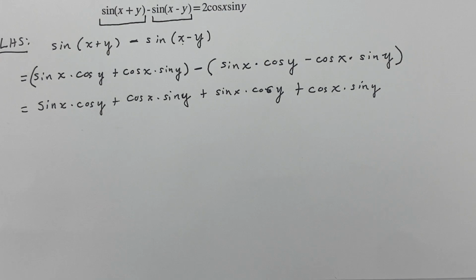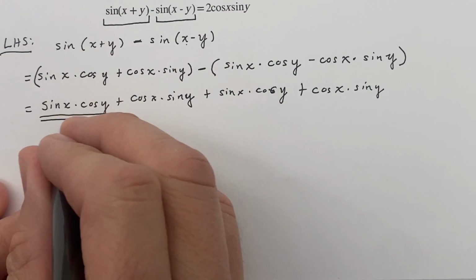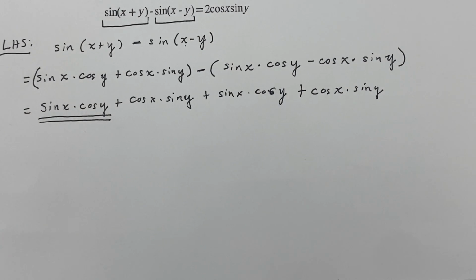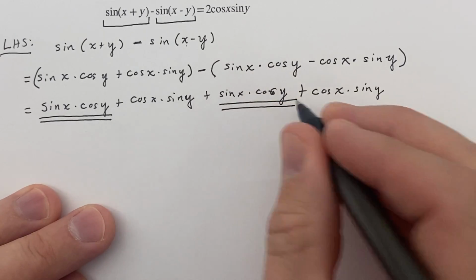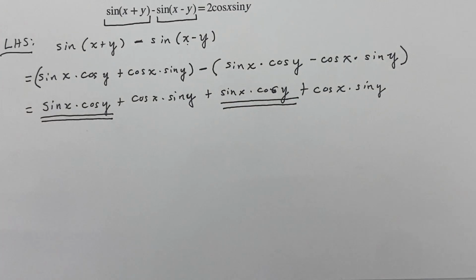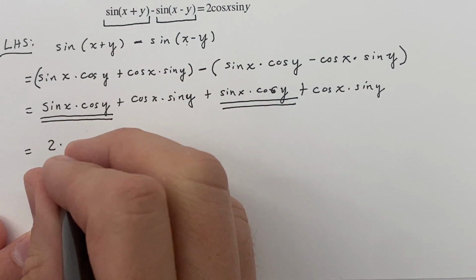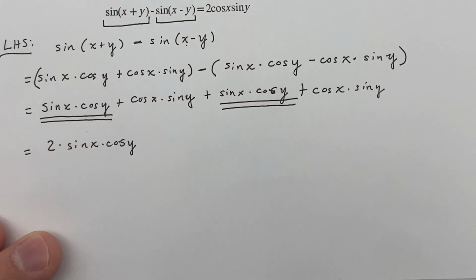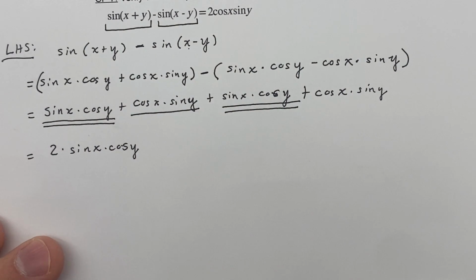So if we have 3 plus or minus signs, that means we have 4 terms. We've got this one here, sine of x cosine of y. Any matches with that? Yeah, it's this third one right here. Think of all of that as x. X plus x is 2x. So 2 sine of x cosine of y.